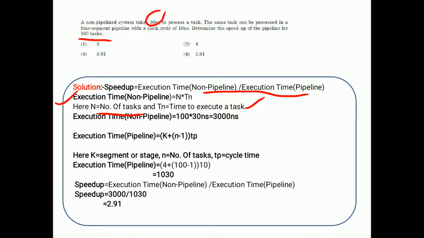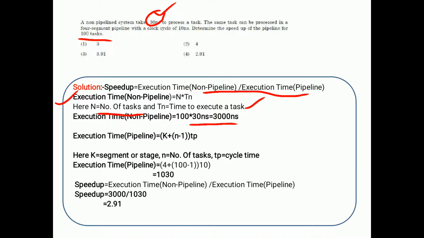So the execution time in case of non-pipeline is equal to 100 into 30 nanoseconds. 100 is the number of tasks, that is n, and tn is the time to execute a task, given as 30 nanoseconds. So 100 into 30 is equal to 3000 nanoseconds.